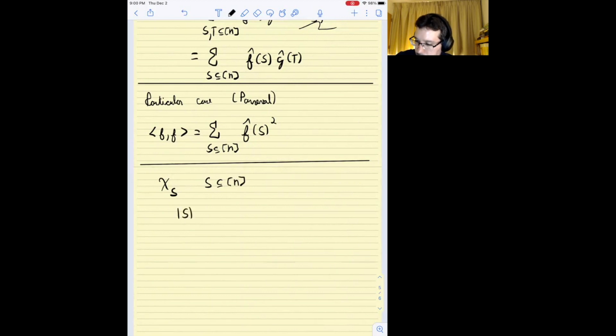Then the size of the set is the degree of this character. And typically we think that low degree functions are less complex than high degree functions. High degree functions might oscillate more, faster. So that's a notion of complexity: it's the degree.